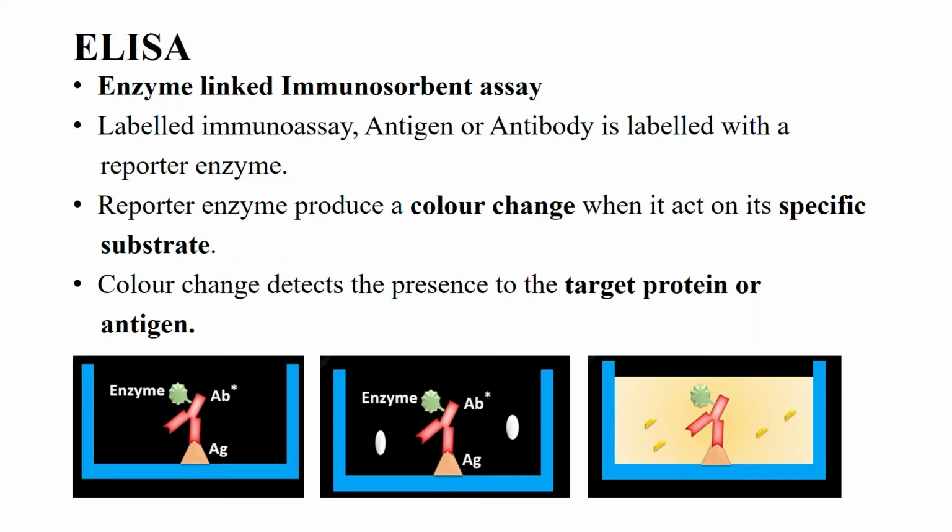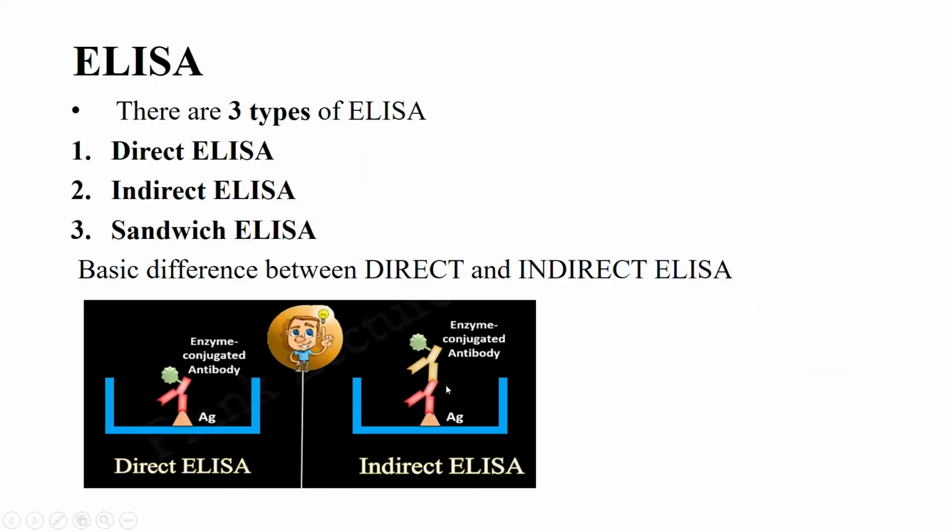This technique is used for the identification and quantitative analysis of substances, and also for the detection of peptides and proteins, antibodies and hormones in samples. Here we have three different types of ELISA: direct ELISA, indirect ELISA, and sandwich ELISA.